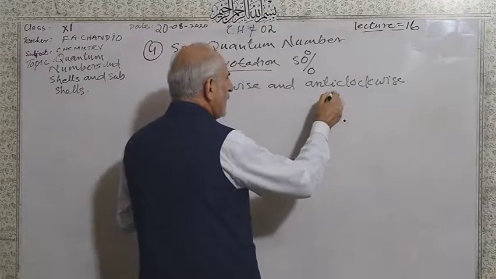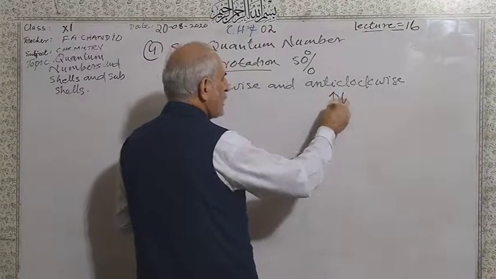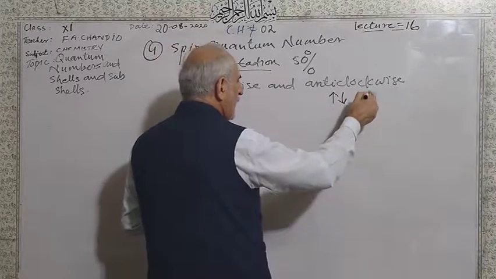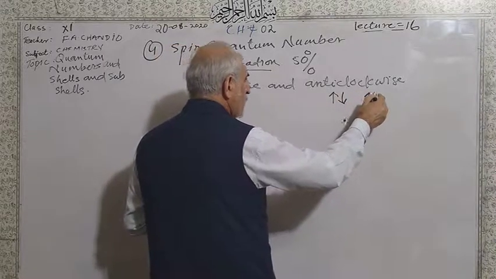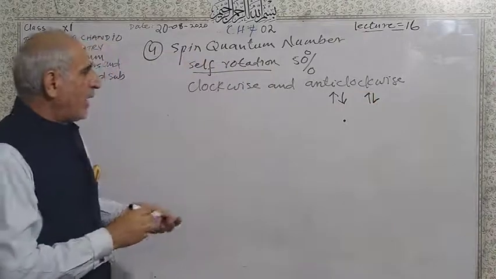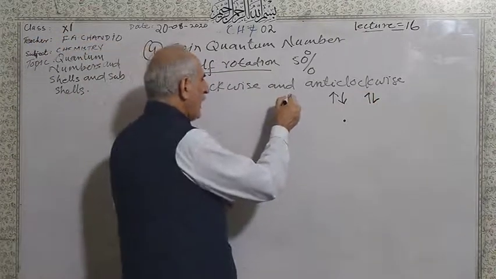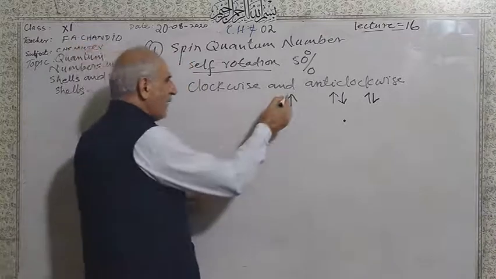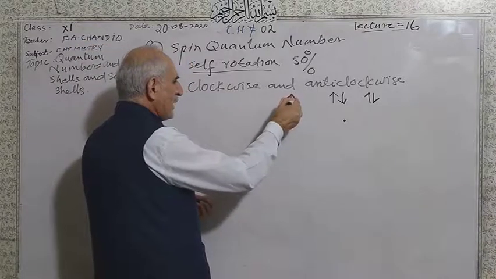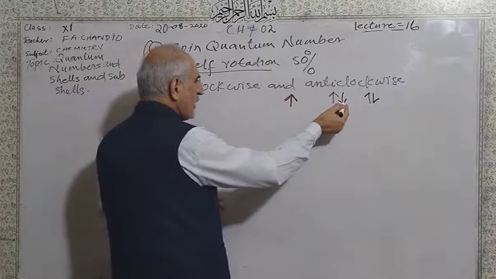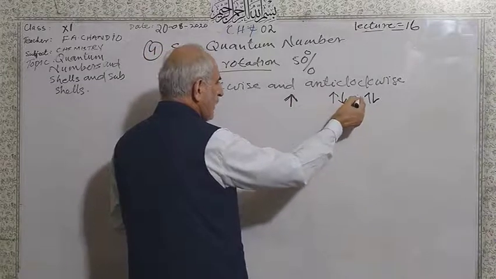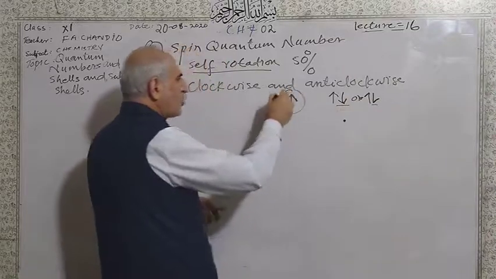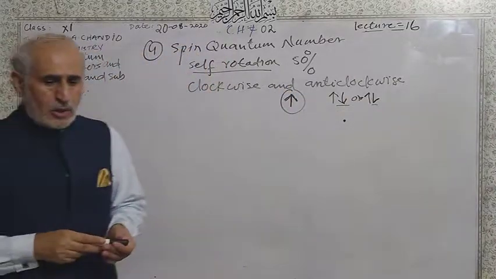We write it in this form: this is clockwise, this is anti-clockwise, and you can also write it in this form. This is paired. If you write unpaired, one electron must be like this. If only one electron is present in the s, p, d orbital, write it in this form; with two electrons, like this or this.